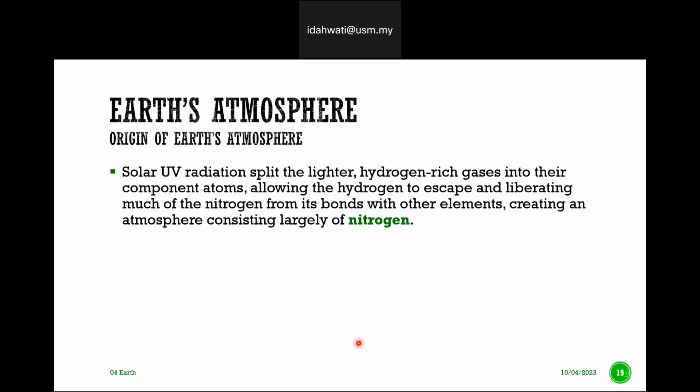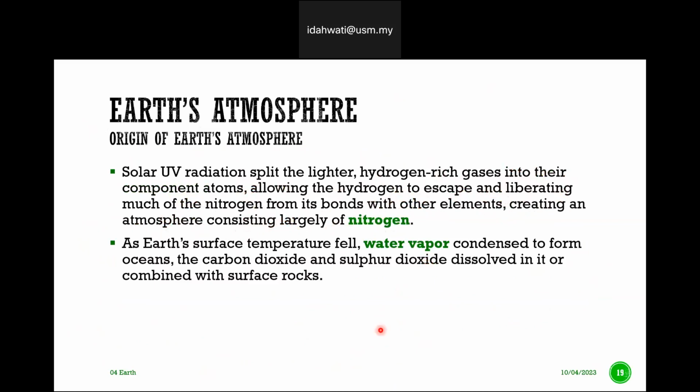Solar UV radiation split the lighter hydrogen-rich gases into their component atoms, allowing the hydrogen to escape and liberating much of the nitrogen from its bond with other elements. So it created an atmosphere consisting largely of nitrogen gas.